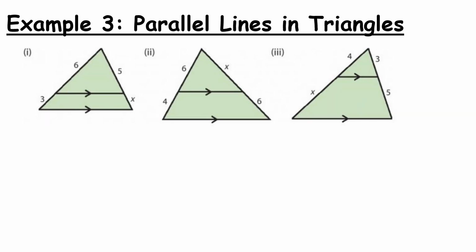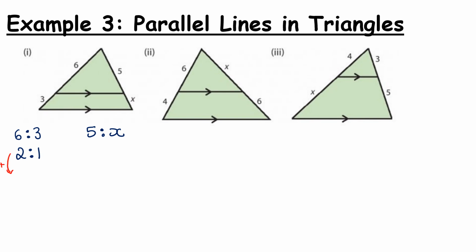So here we have three parts within this example for us to do a bit of practice. What we want to understand is the ratio of the sides. Here we have 6:3 on the left-hand side, which we can break down to 2:1. That should be the same as 5:x. Now you can use your ratio to scale up. So 2 times what gives me 5?